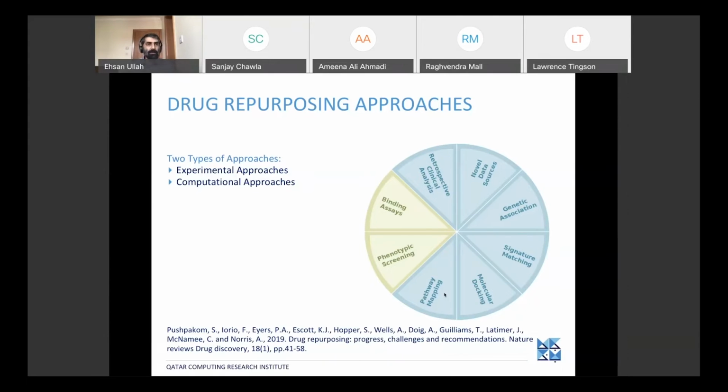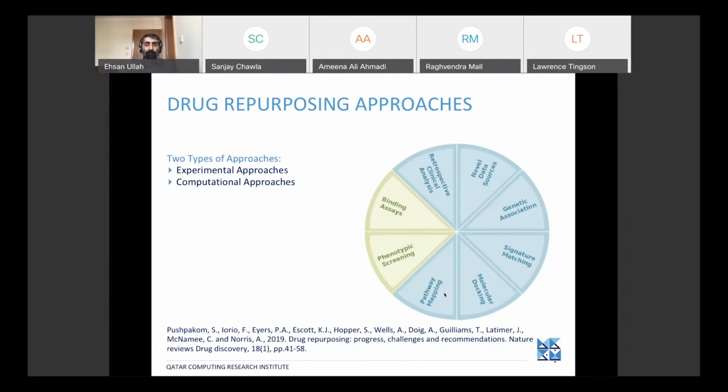In this case, identification of the right drug for an indication of interest with a high level of confidence is very critical, and this is where modern approaches for hypothesis generation could be most useful. These approaches are divided into two prime categories. The first is experimental approaches, which are highlighted in green in the pie chart shown on the right. The other is computational approaches, which are highlighted in blue.